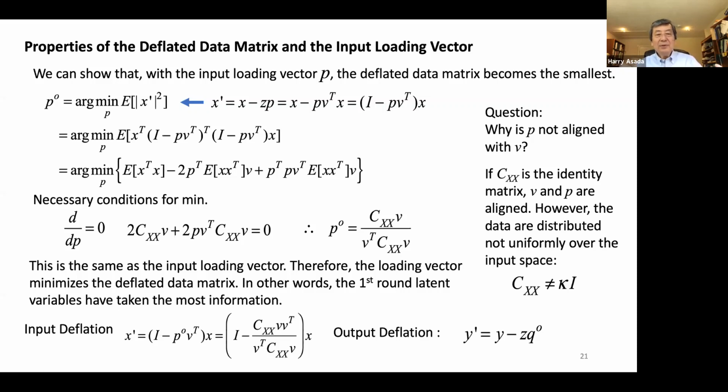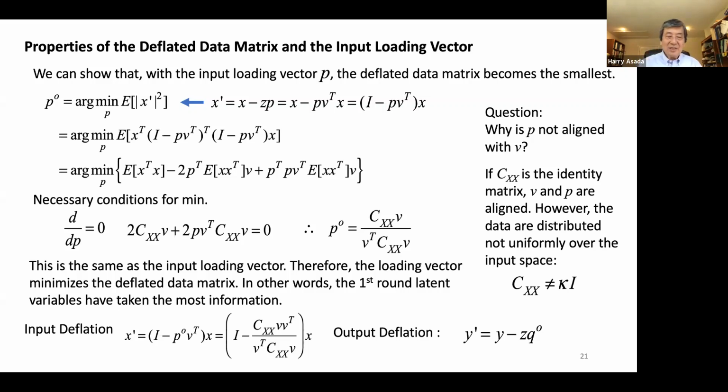In a big high dimensional space, we have many sample points here and there, right? And then we first find the first set of latent variables, and we use some component from that. So if the first round is very effective and we take most of the information from the original data, the residue of the data matrix should be very small, compact, right, small in size.